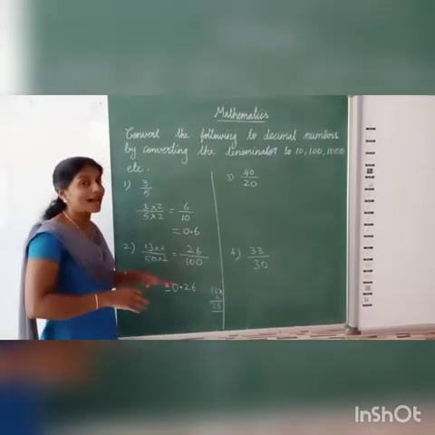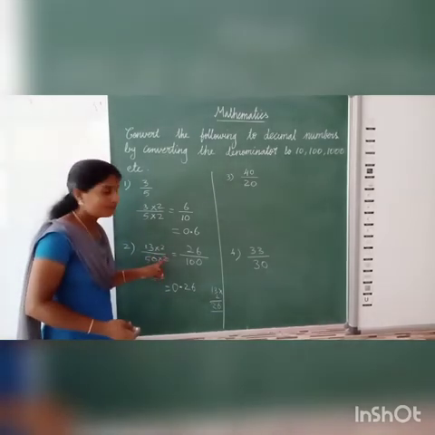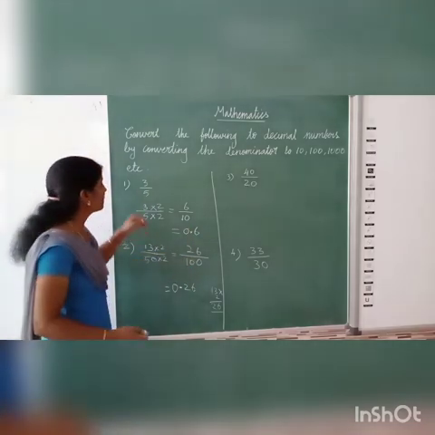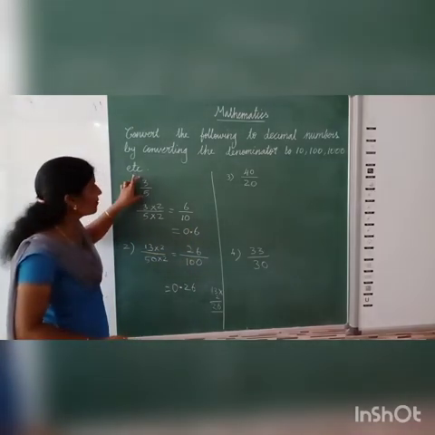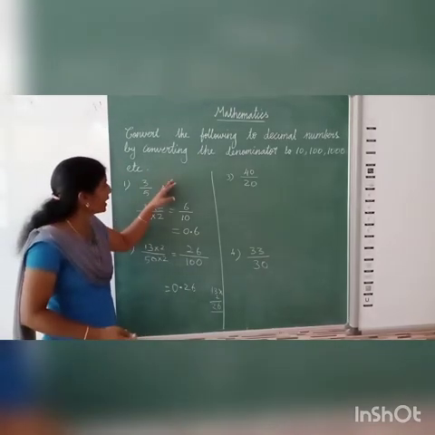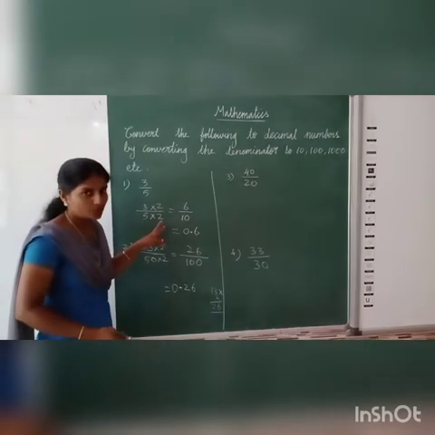So we can't write in simplest form, so we multiply by 2 to get 100 or 1000 or 10. This is the simplest form; we can't write any other simplest form, so we multiply by 2.